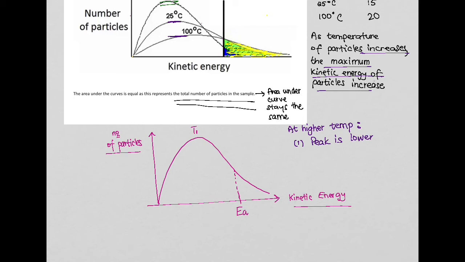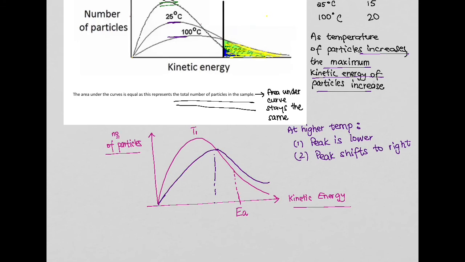So it's going to shift to the right, and it's going to be lower. The third thing that you have to be careful about is that the overall area should stay approximately the same. Peak is lower, peak has shifted to the right.